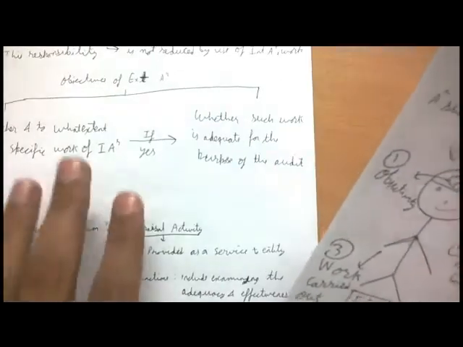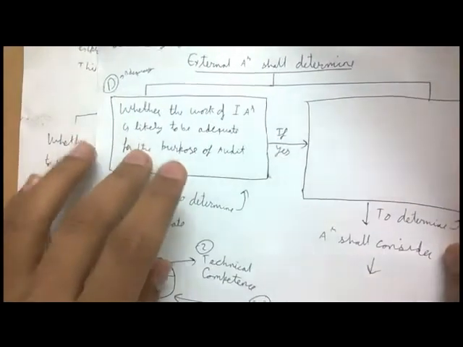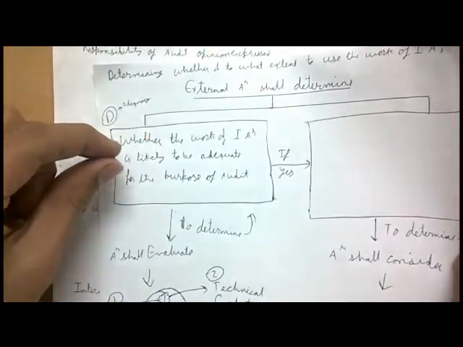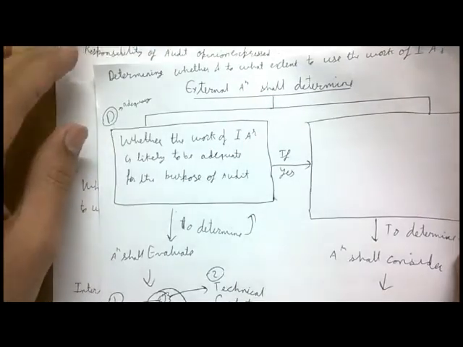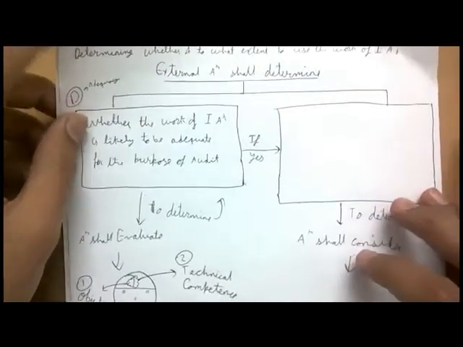So this is another objective, whether such work is going to be adequate for the purpose of audit. Then the auditor has to determine whether the work is going to be adequate for the purpose of audit. And how to determine this, we'll be discussing right now.